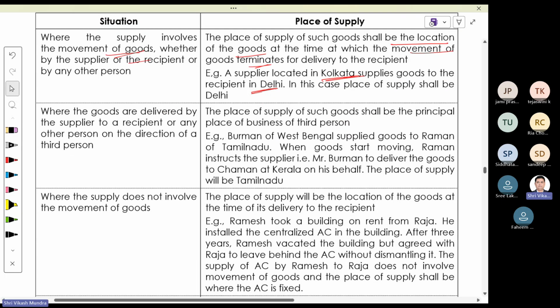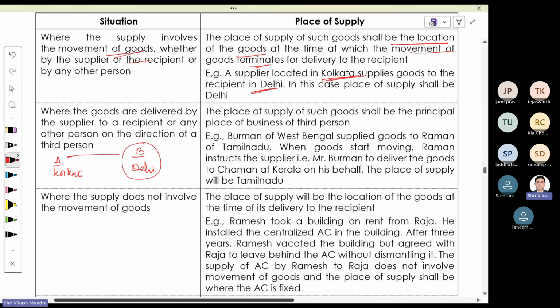Now, where the goods are delivered by the supplier to a recipient or any other person on the direction of a third person. Sometimes what happens, suppose A is located in Kolkata, B is located in Delhi. A got an order from B of Delhi.